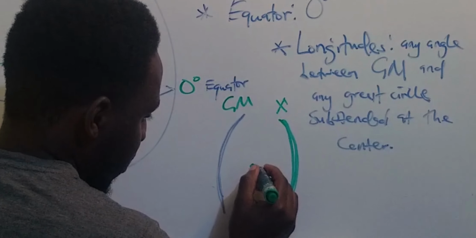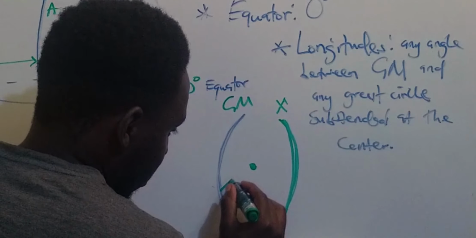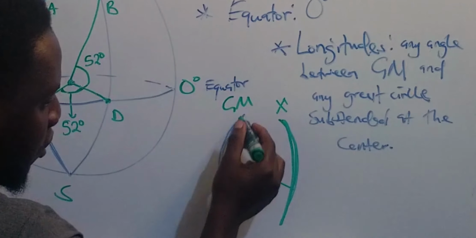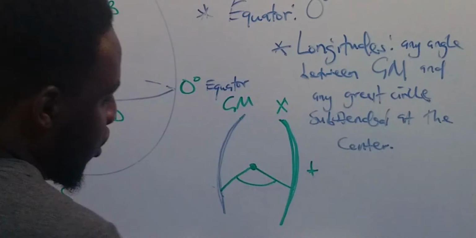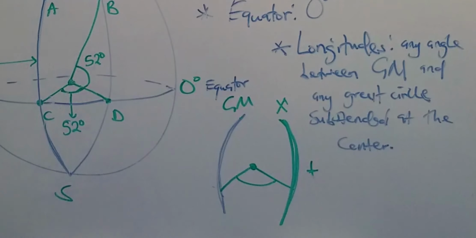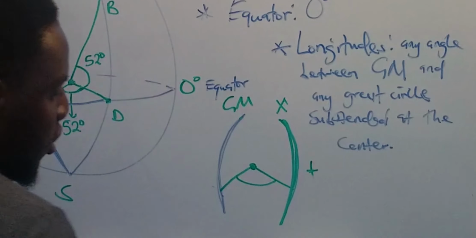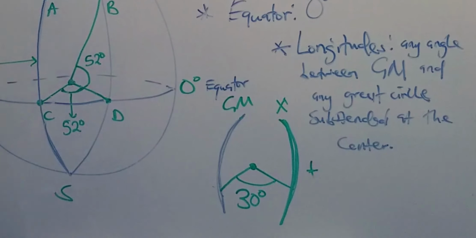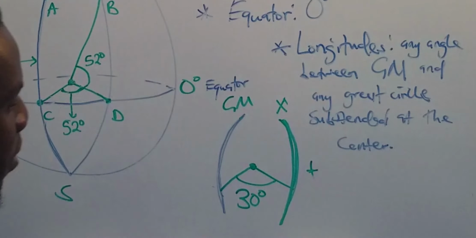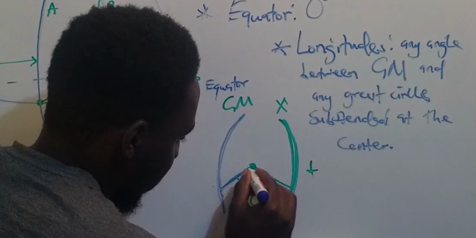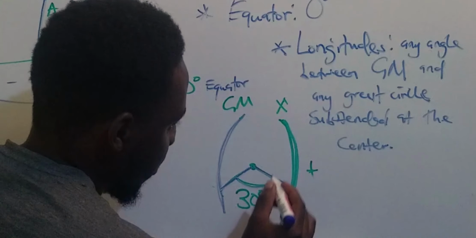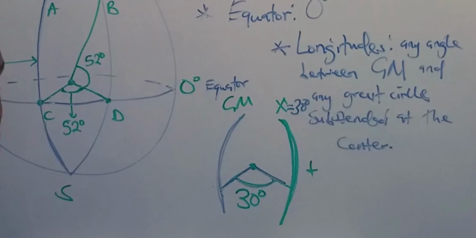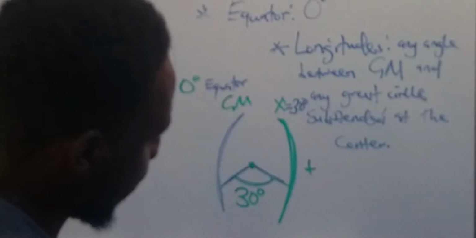So if this is the center of the earth, the angle between this Greenwich meridian and this longitude here will actually be the value for this longitude. Supposing this is 30 degrees, this angle that is formed at the center, which is 30 degrees, will actually represent the value of this x longitude.